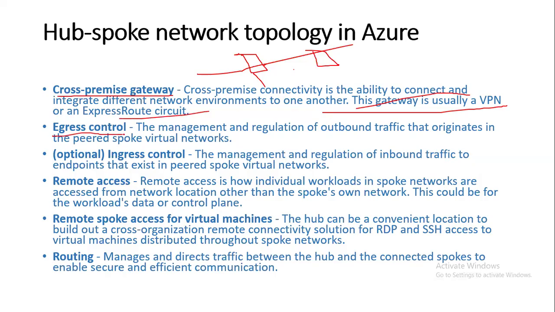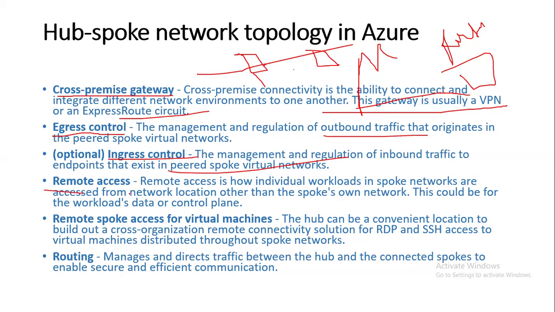Second, egress control, meaning outbound traffic, is defined by the route table. You define the route table and what traffic you allow, and you can mention the egress as well. Ingress traffic comes by default for the virtual network you have. Remote access you can define as well, and if you don't want to allow it, you can set rules. And the main thing here is routing, which manages and directs traffic between the hub and connected spokes.